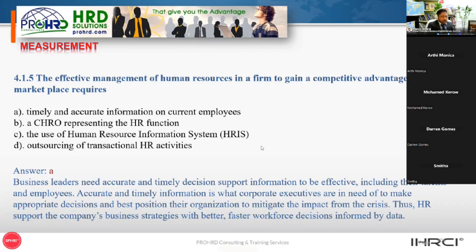Accurate and timely information is what corporate executives need to make appropriate decisions and best position their organization to mitigate the impact of the crisis. Very important. If information is accurate, then they make a good decision, and good decisions save your company, and it can achieve a competitive advantage.